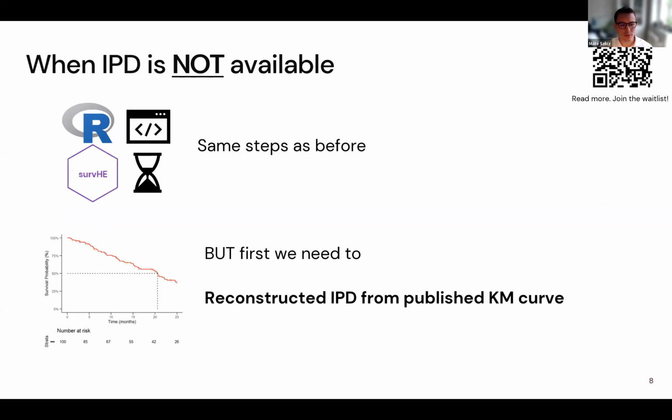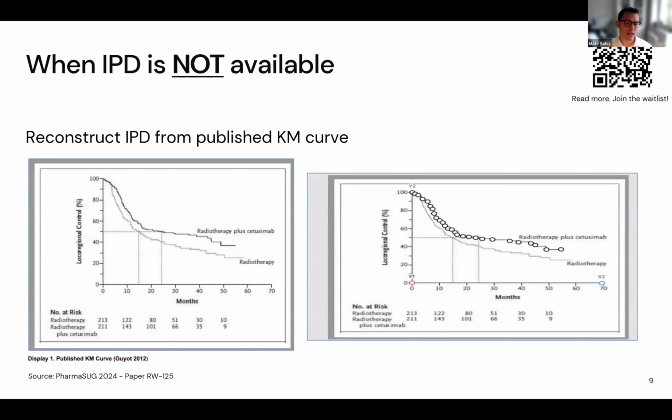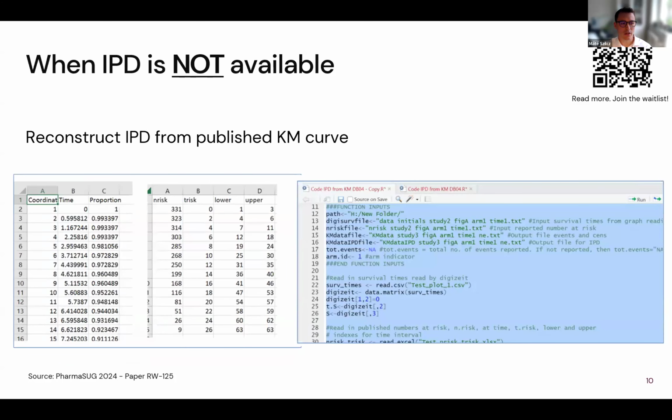And how you usually do it is that you take the published Kaplan-Meier figure, you upload it to digitization software, for example a Webplot digitizer, and then you scan the curve, and then you fill in the Excel document with the time and proportion, so the survival probability, that you see on the left-hand side, and then you also fill in the number at risk and time at risk in another Excel document, and then you load this into your R software and run the script for reconstructing individual patient level data.